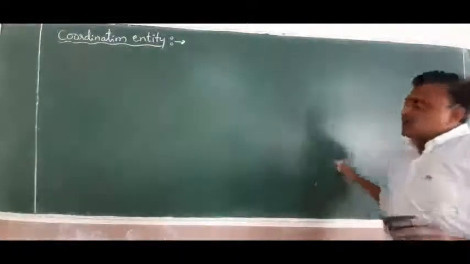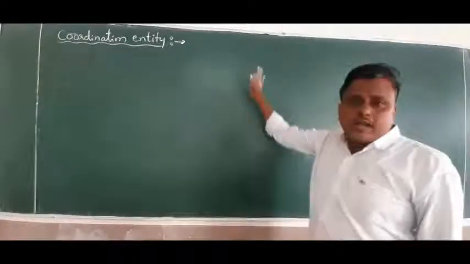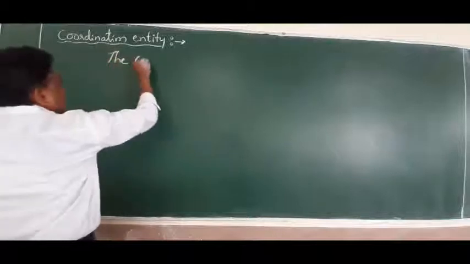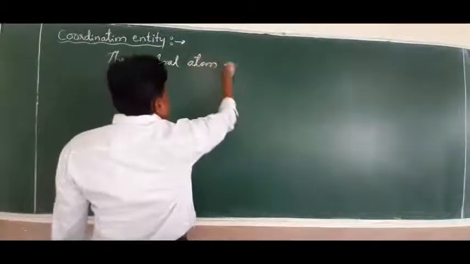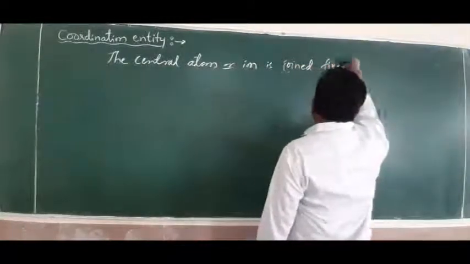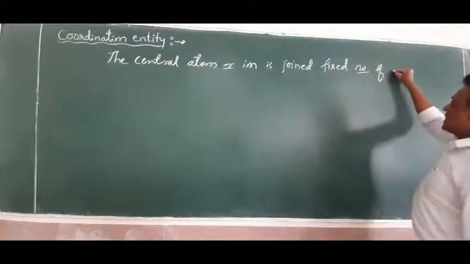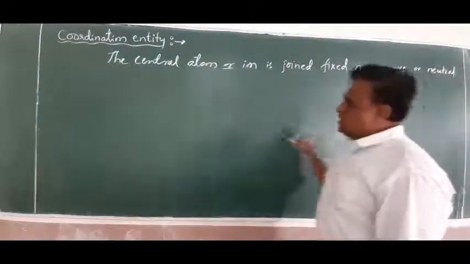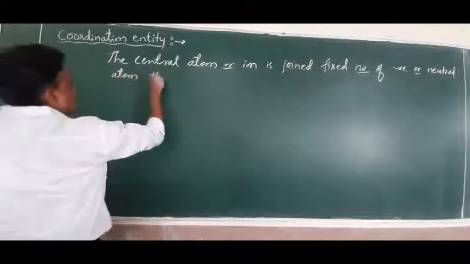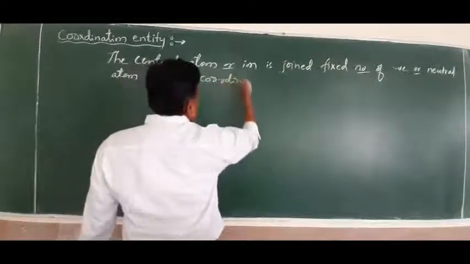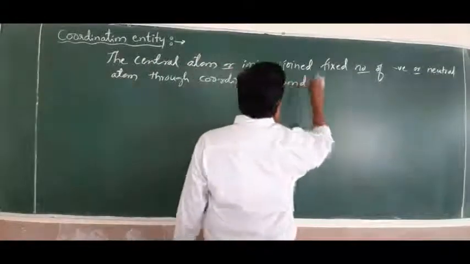It is nothing but the central atom or ion joined to a fixed number of ligands, that is, a fixed number of negative or neutral atoms, through coordinate bonds.